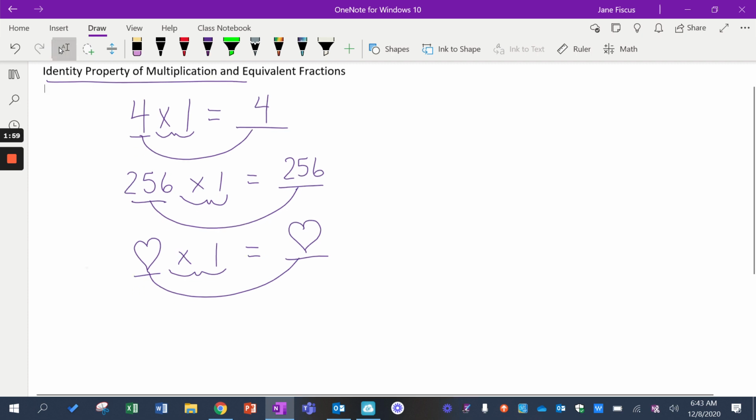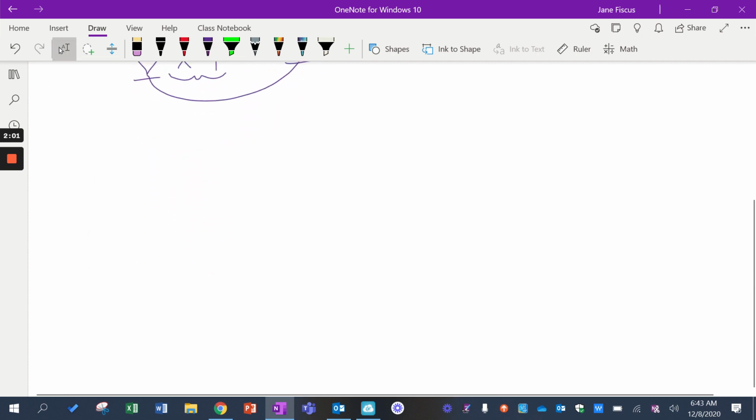All right, now let's take this simple property of multiplication and use it to understand how it works to find equivalent fractions. So let's start with a fraction. Let's say 1/4.